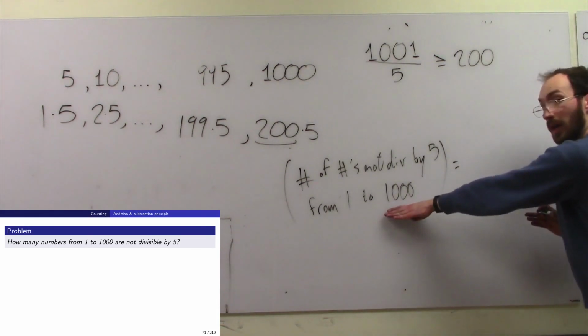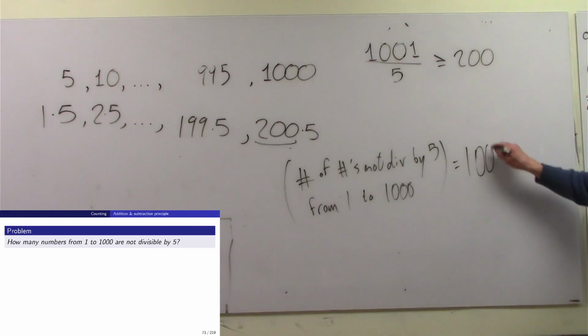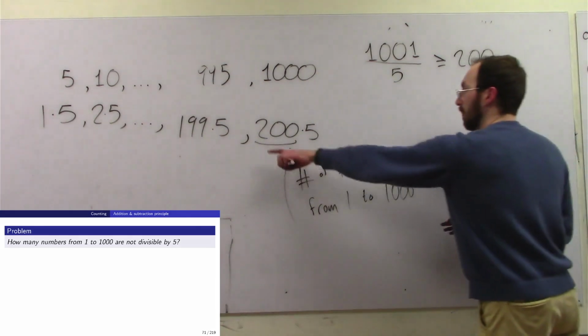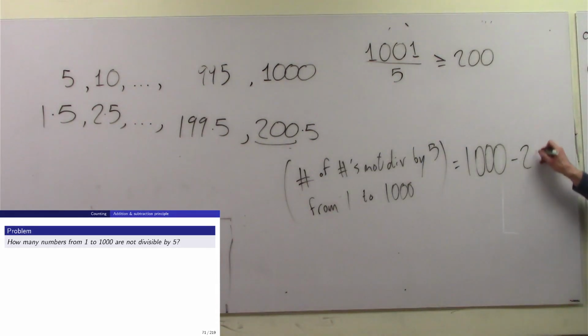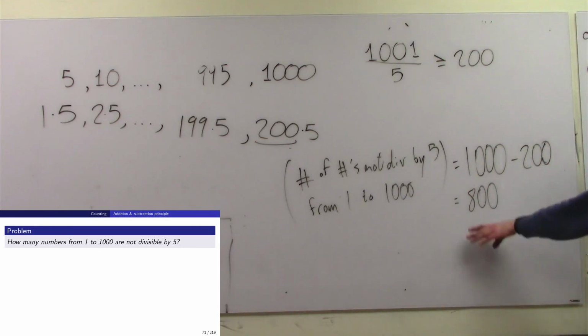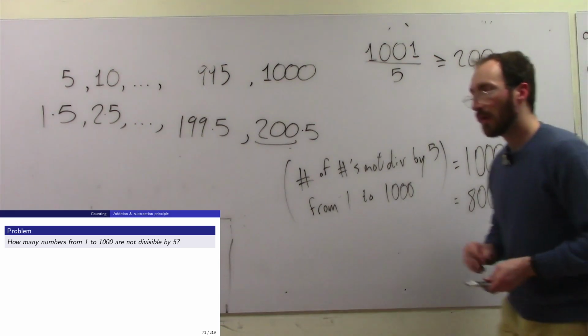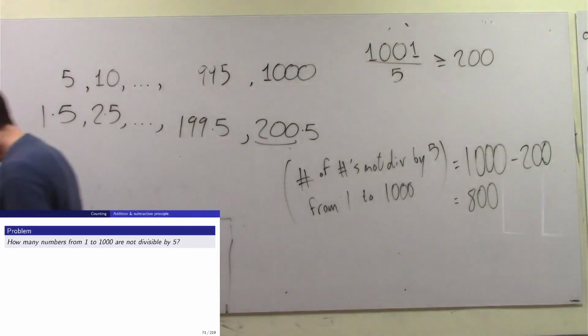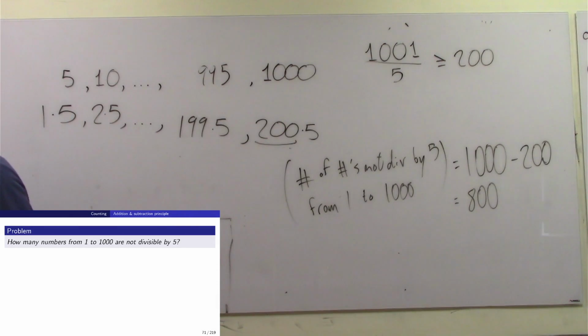Well, we had 1,000 numbers, and by this we have 200 that are divisible. So all the other ones, those 800 left, are not divisible. Perfect.